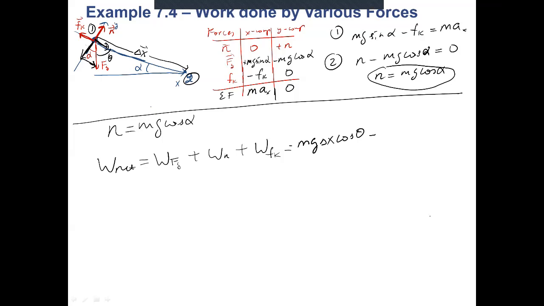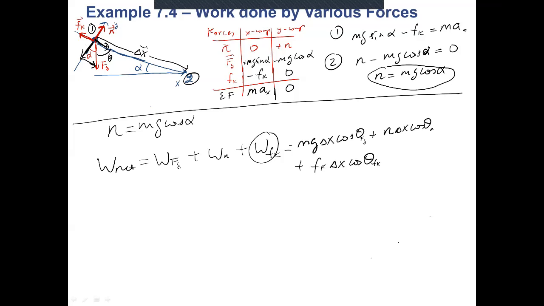Then plus the normal force times displacement, times cosine of the angle that the normal force makes with the displacement. And then plus the kinetic friction: magnitude of the kinetic friction times displacement, times cosine of the angle that the kinetic friction makes with the displacement.